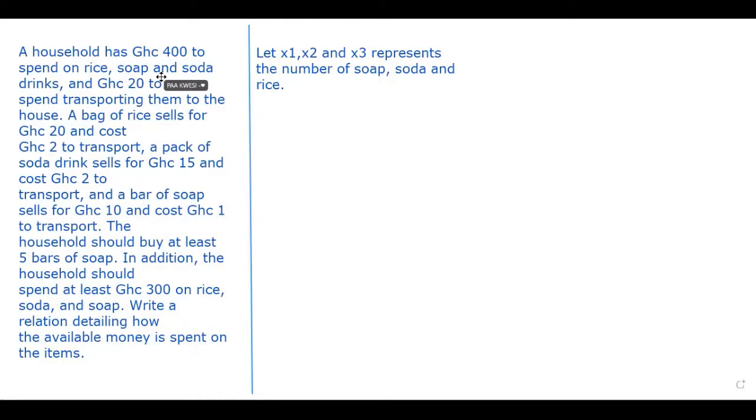Do you get it? So first of all, let's deal with the amount to spend. We are saying a household has 400 cedis to spend, and with the 400 cedis, you must spend on rice, soap, and soda drink. Now, what is the unit cost of the rice? 20, right?